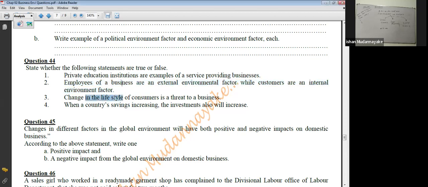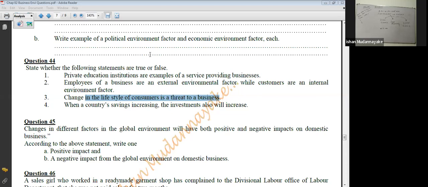Third one: changes in the lifestyle of consumers is a threat to a business. False. Yes, but for some business organizations, changes in the lifestyle of consumers will be an advantage.